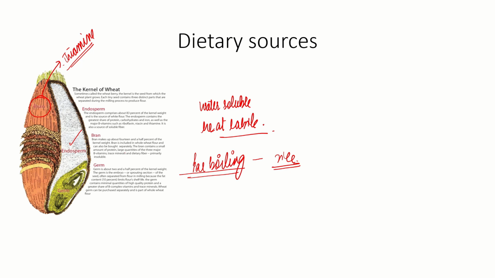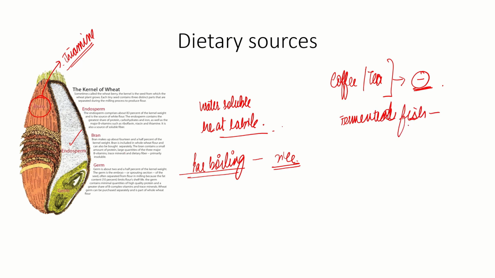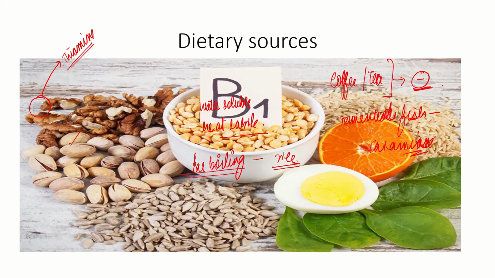You should also know that coffee and tea are both antagonists of thiamine, and fermented fish contains thiaminases, thus contributing to a deficiency state of thiamine. Other sources of thiamine basically are legumes, nuts, pork, fish, and poultry.